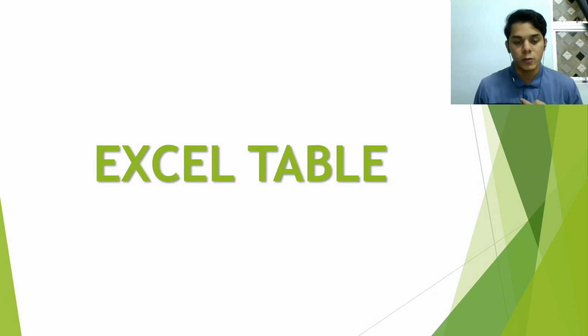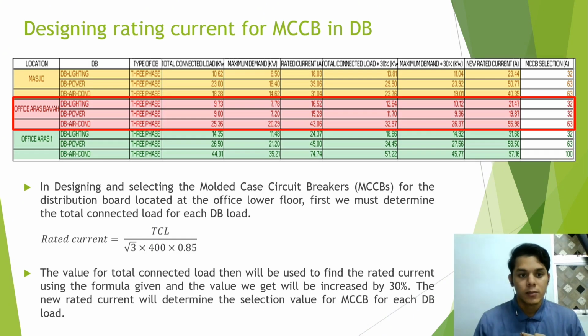Next, we move into the SL table. In designing and selecting the molded case circuit breaker, also known as MCCB, for the distribution board located at the office lower floor, first we must determine the total connected load, which is TCL, for each DB load.